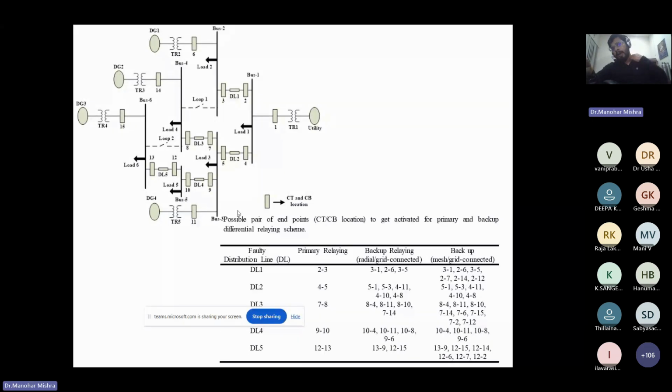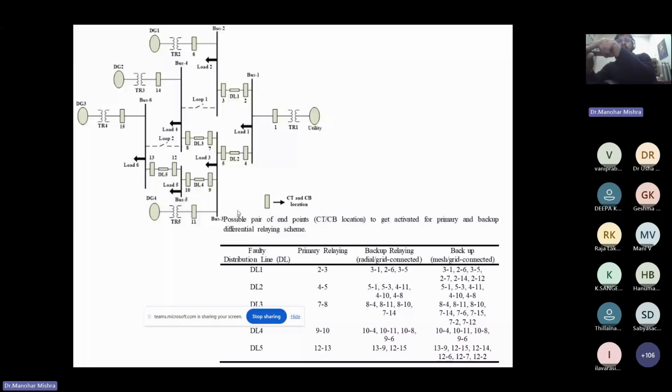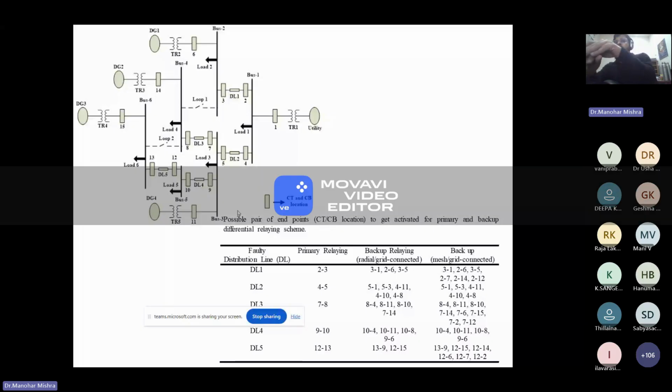Here, to provide primary and backup protection, we simulate the signal in this system. If the fault occurs at line 1, we collect the data from bus 2 and 3 for primary protection. For the backup protection, for the same fault on the same line, we collect the data from all possible adjacent buses, such as 3, 1, 2, 6, 3, 5.